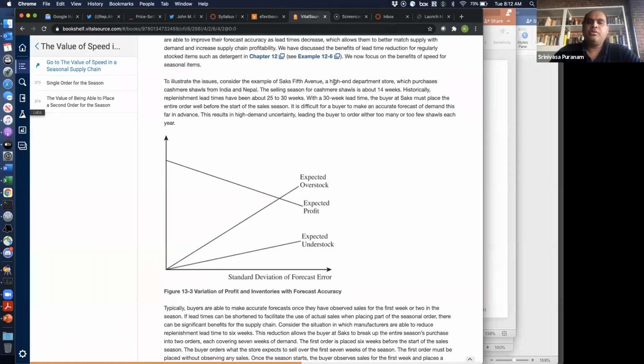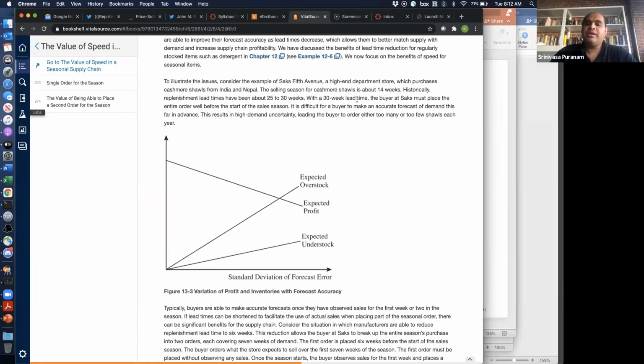Saks Fifth Avenue, a high-end department store, purchases cashmere shawls from India and Nepal, and the selling season for cashmere shawls is 14 weeks. Historically, replenishment lead times have been 25 to 30 weeks, which means that once you place an order, it could take 30 weeks to arrive.